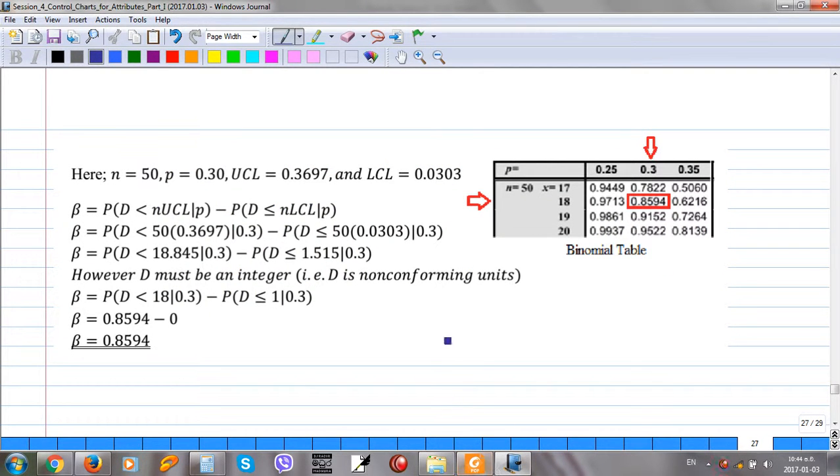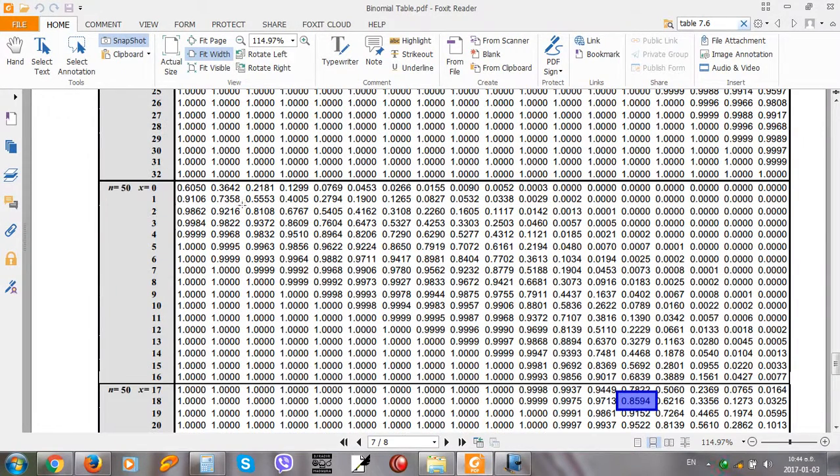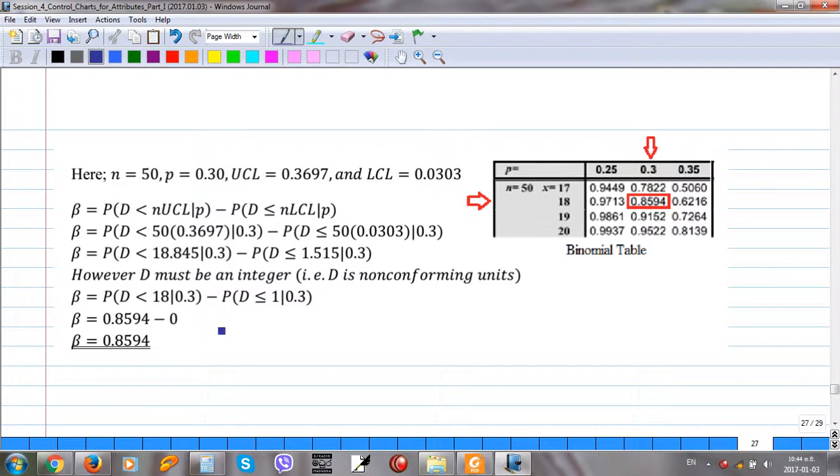And also you have to find 1 in 0.3. Here for 1, it is 0.031, that is here 0, the value is 0. So you have to substitute those values. Then 0.8594 subtraction 0, then beta you can take as 0.8594. So that is the error, that is the type 2 error.